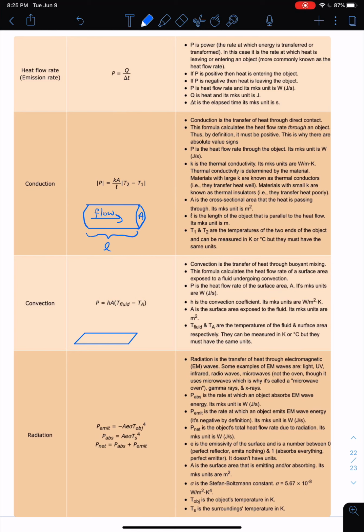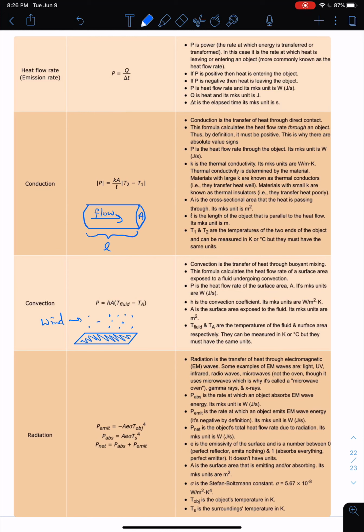I might have this plate, and there might be some air up above the plate. So let me color the plate in. So here's my plate, and we'll say that there's all sorts of air molecules above it. And this might be wind, so the wind might be blowing to the right in my diagram.